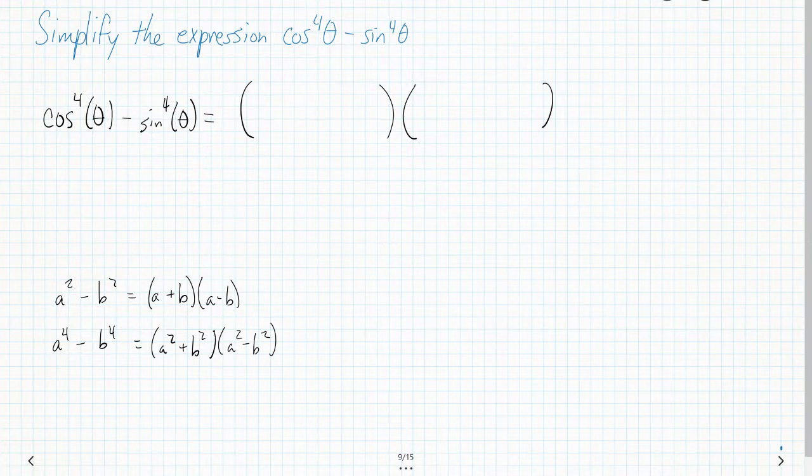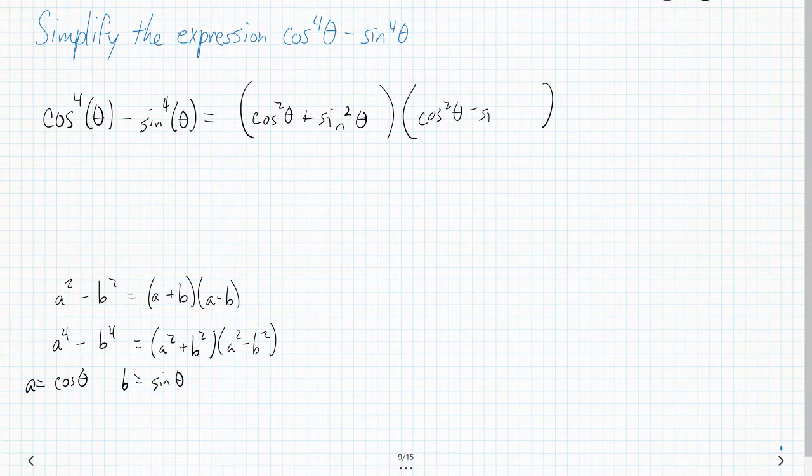Now you might say, okay, what's the big deal? Well, if I let a equal cosine theta, and if I let b equal sine of theta, notice all of a sudden we have a factorization for this formula. So we can write this as cosine squared theta plus sine squared theta, and then we have cosine squared theta minus sine squared theta.